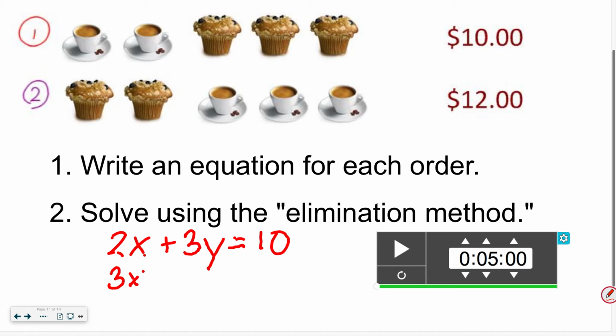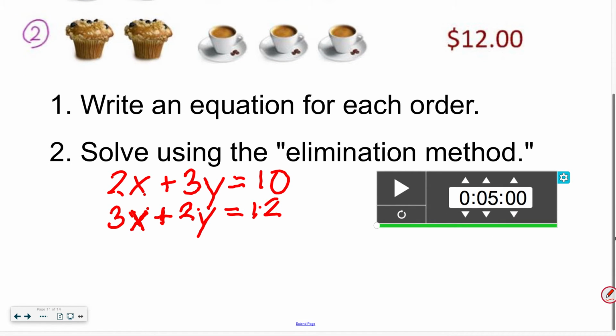3x. I like how you switched the order there, knowing that we want to try elimination. You kind of put the x's with the x's, the y's with the y's. Yeah, because the x's represent the coffees. Good.